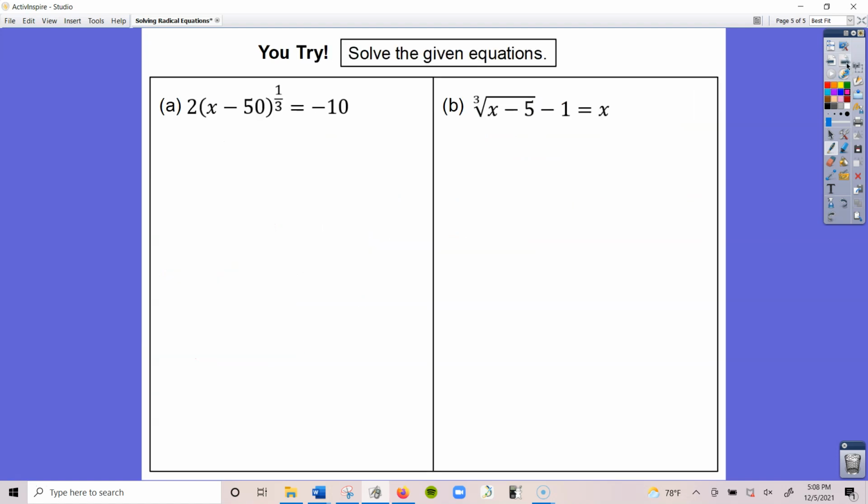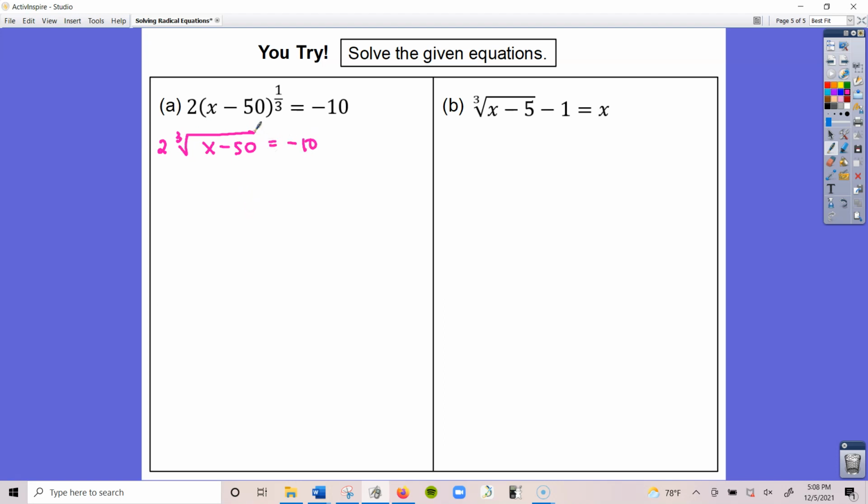Let's try a couple more examples of cube root equations. Here I have 2 times x minus 50 raised to the 1/3 is equal to negative 10. I'm going to rewrite this with the radical. Only the x minus 50 has that exponent, so this 2 is on the outside, and it's the cube root of x minus 50 is equal to negative 10.